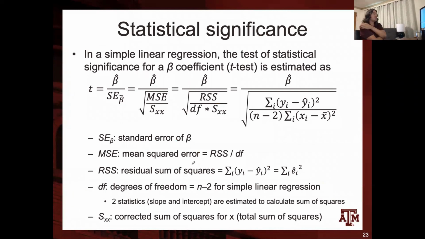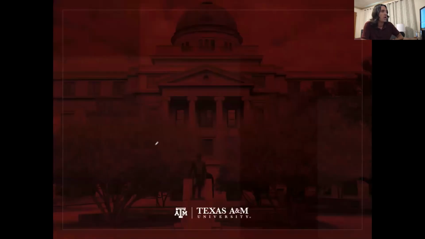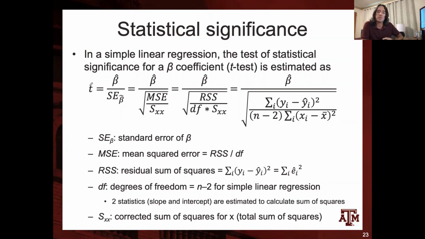And this is the same equation that I showed in the previous class to estimate the statistical significance of each one of the coefficients. So I have the coefficient estimated, the beta, that I just had right here. Now I have to estimate the statistical significance. To do that, I will need the standard error of the coefficient, and I will estimate it with this formula here.